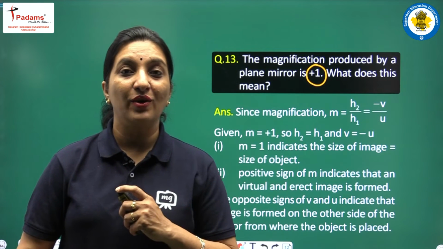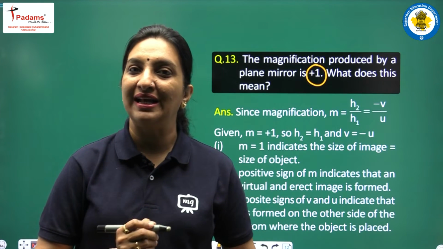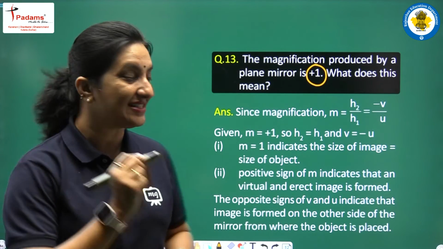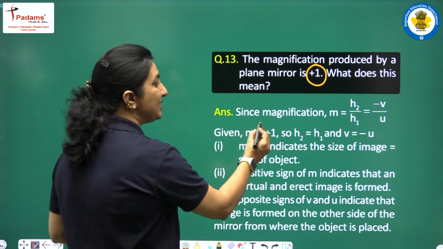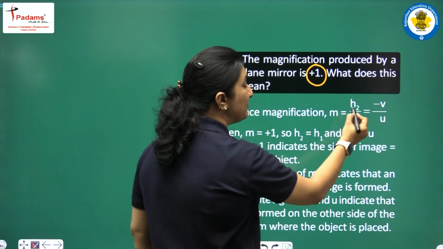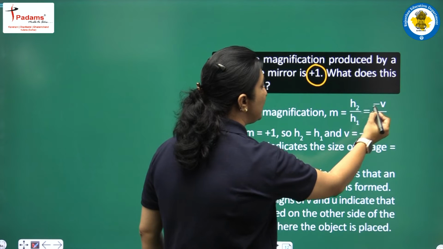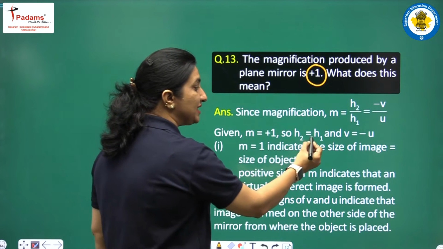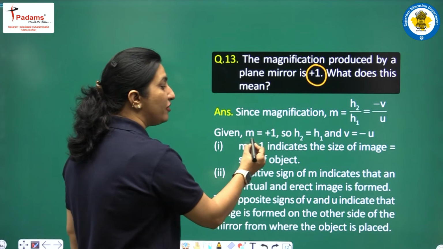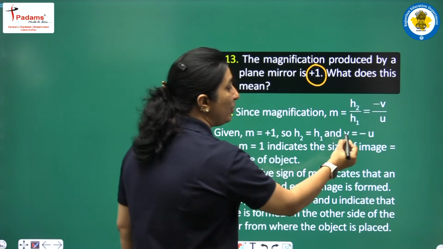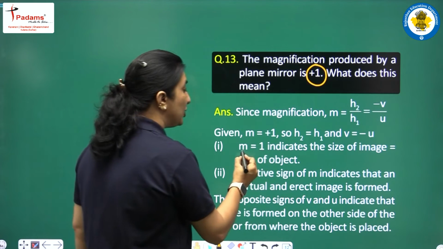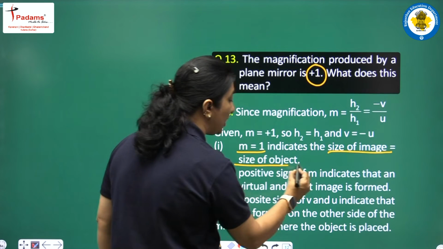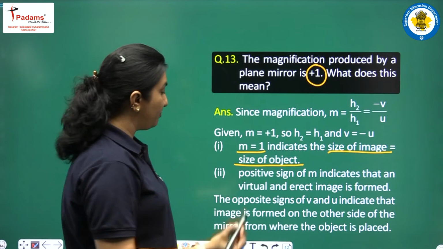पॉजिटिव वैल्यू का मतलब क्या हो गया कि इमेज जो है वो वर्चुअल है और ऑल इमेजेस विच आर वर्चुअल आर ऑलवेज erect. So here what we see is, since magnification M is given by H2 upon H1 which is equal to minus V upon U, so H2 is equal to H1 because the value of M is +1 and V is equal to minus U. So M is equal to 1 indicates the size of the image is equal to size of the object.